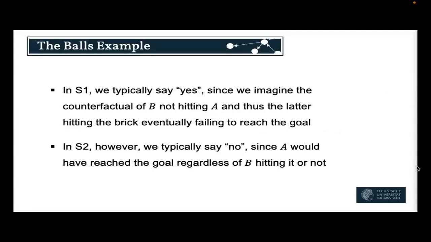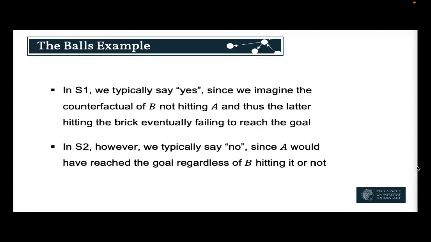So to elaborate once more: we imagine the counterfactual of B not hitting A, and thus A hitting the brick, eventually failing to reach the goal. That's why we said it's a cause, because A would not have gone to the goal unless B occurred. It was necessary for B to occur such that A reaches the goal.